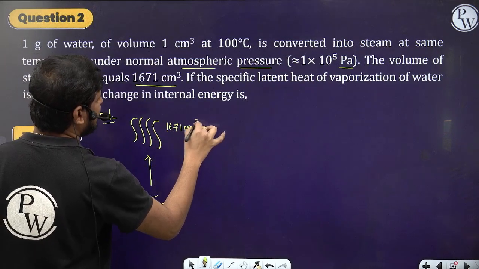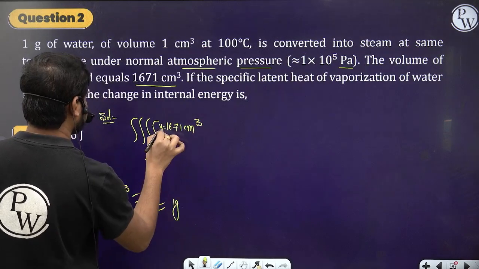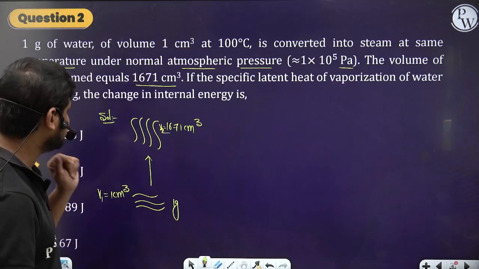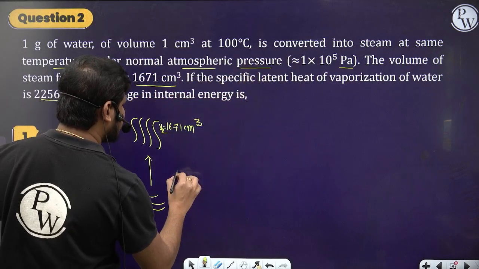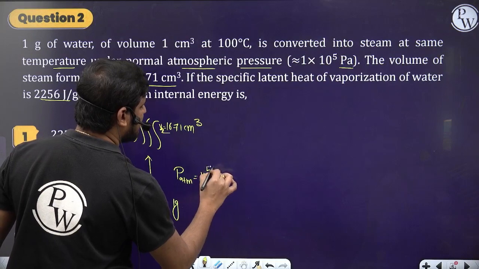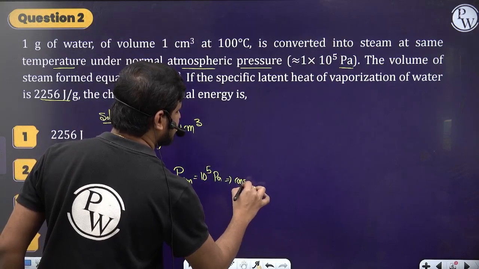So this is the final volume, V2, and V1 is equal to 1 centimeter cube. Then under normal atmospheric pressure, the pressure is equal to PATM, atmospheric pressure, which is constant, 10 to the power 5 Pascal. So the pressure is constant.